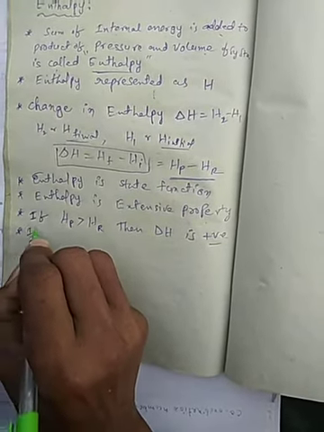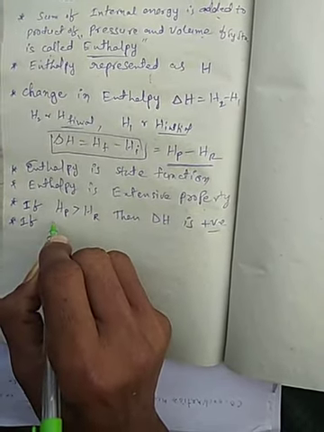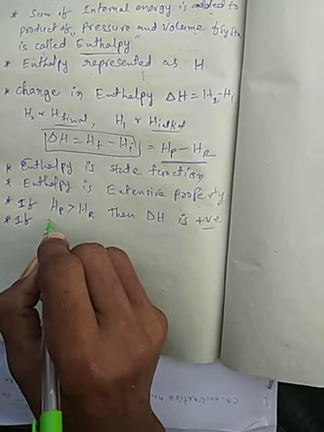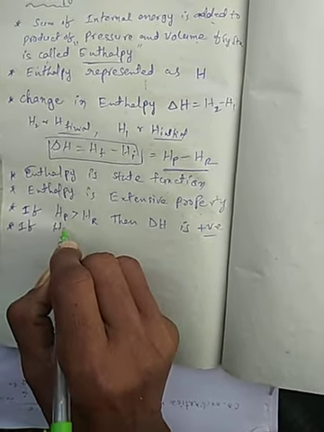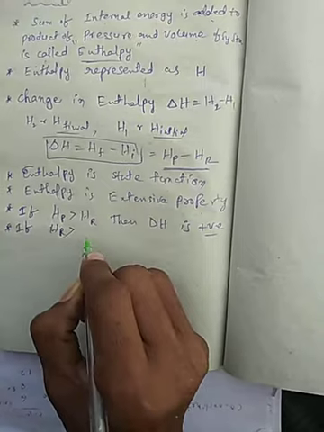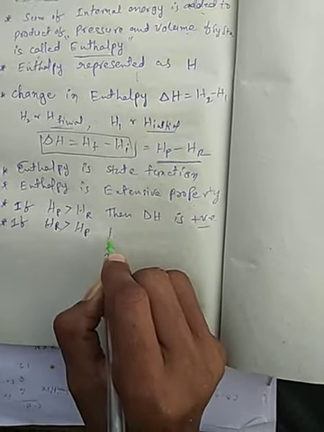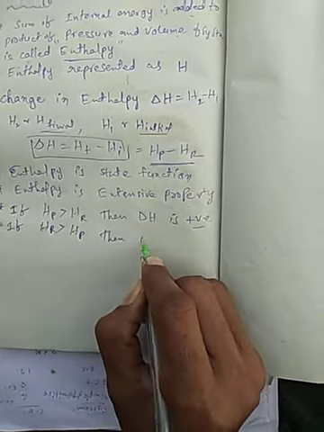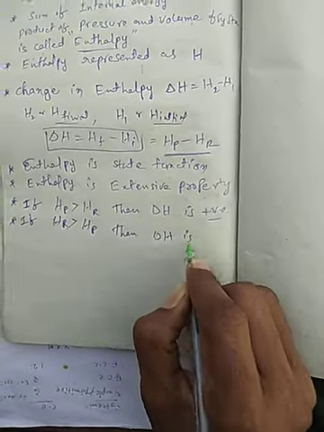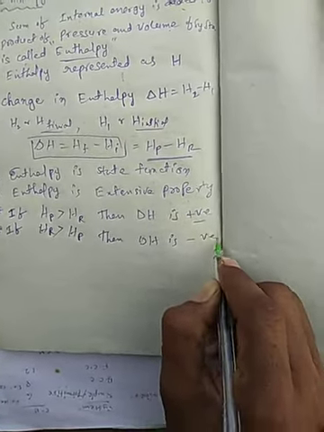If the enthalpy of reactants is greater than the enthalpy of product, then delta H is a negative quantity.